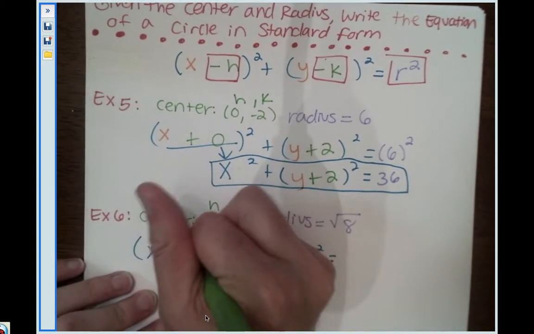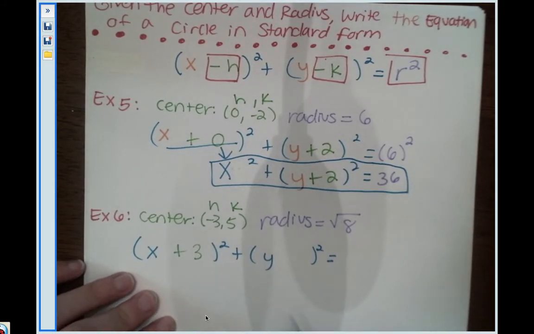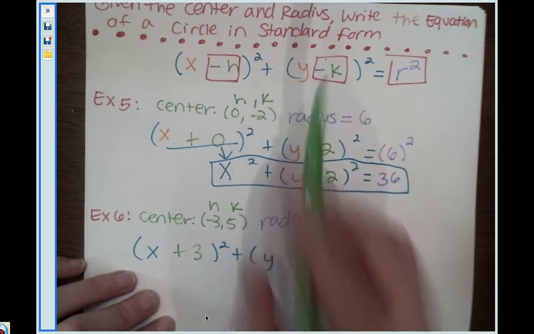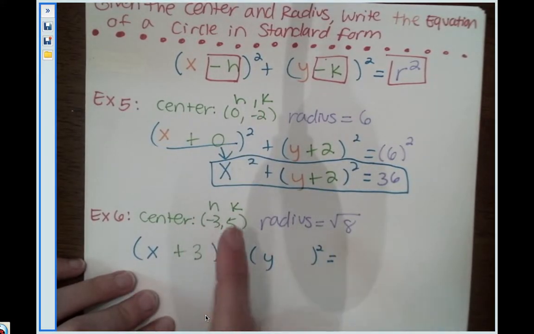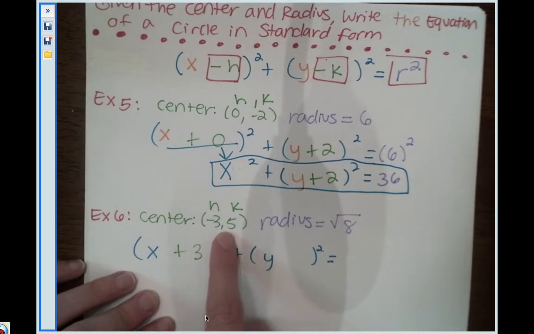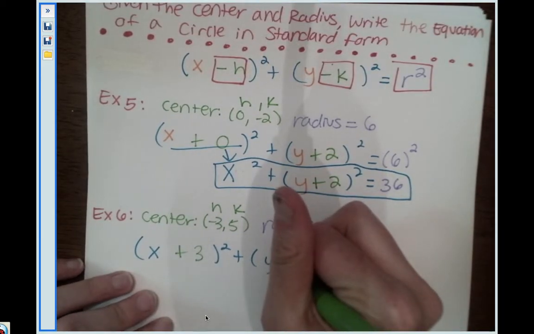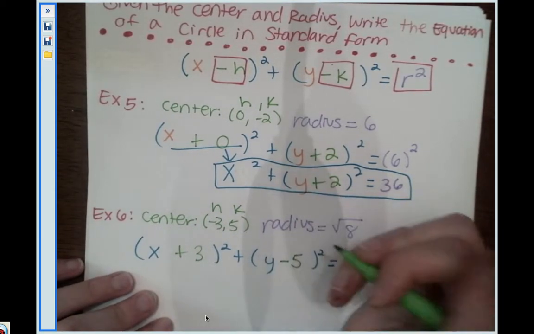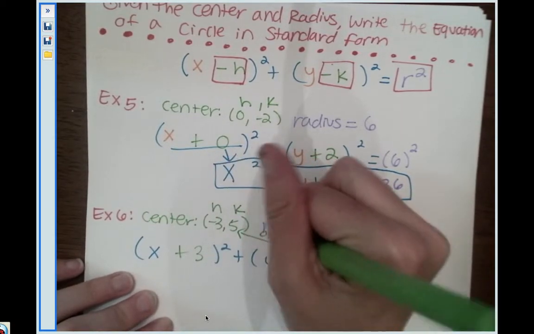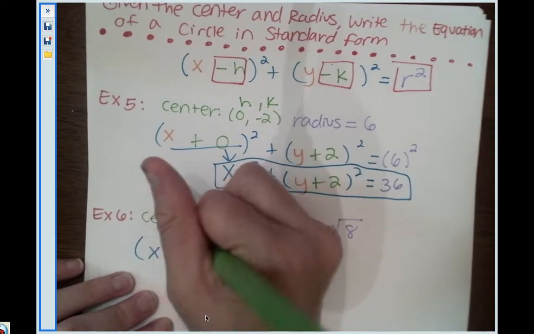Then the k value is whatever's added or subtracted to the y, but remember we do the opposite of our center point in our equation. The k value is a positive 5 in my center point, so what will it be in here? It will be a negative 5. We flip the signs. So remember, guys, these are the opposites.